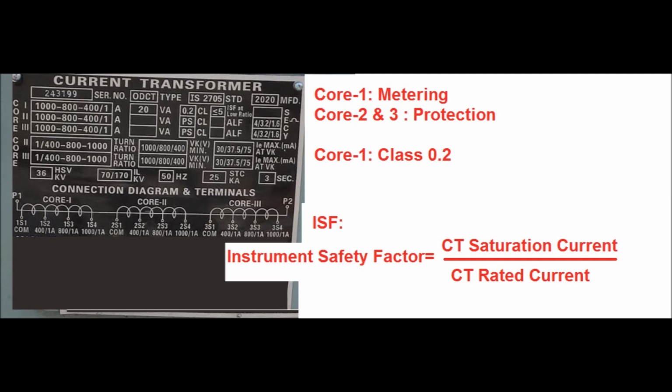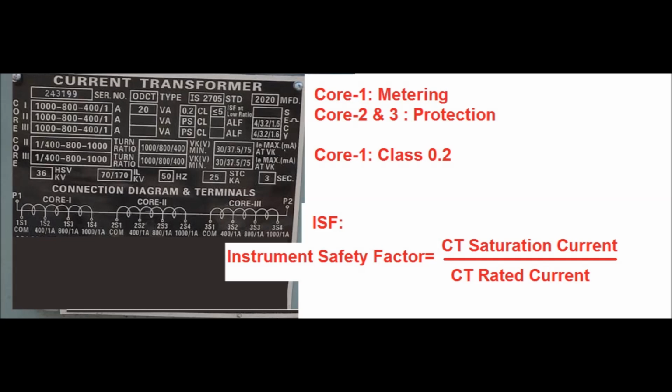That is, if the CT does not saturate beyond 5 ampere secondary current, then under fault condition, assume the fault current in the secondary is 20 ampere, then 20 ampere will flow in the instrument, that is, the meter connected in the secondary, and that will damage the meter.